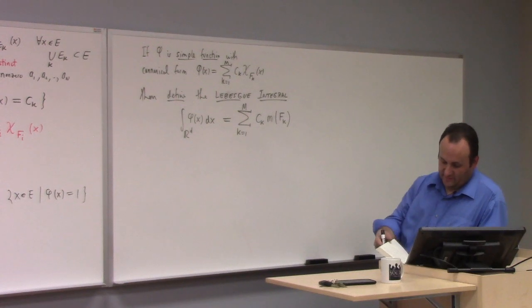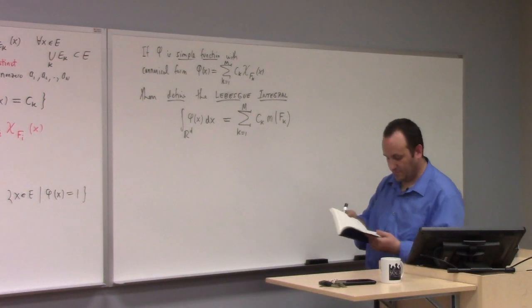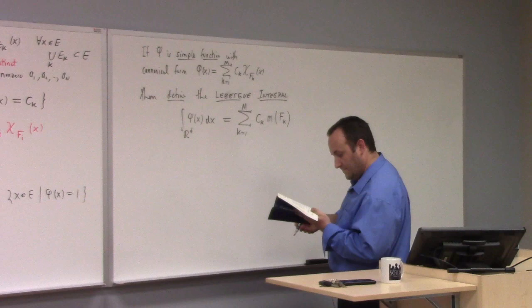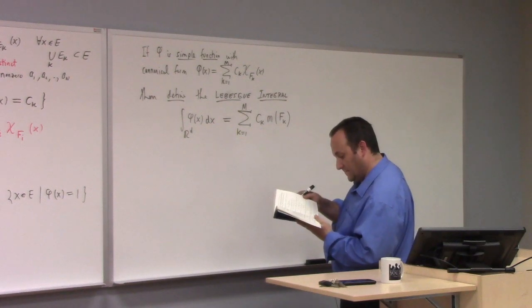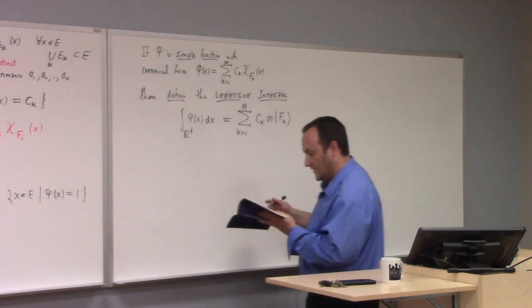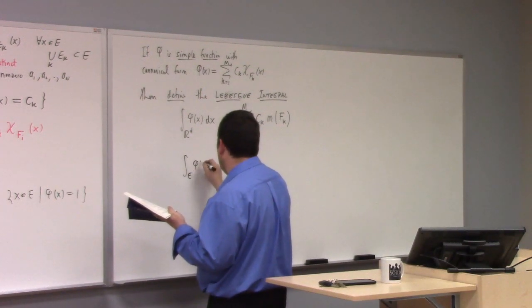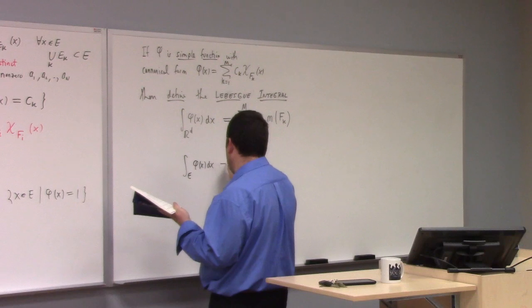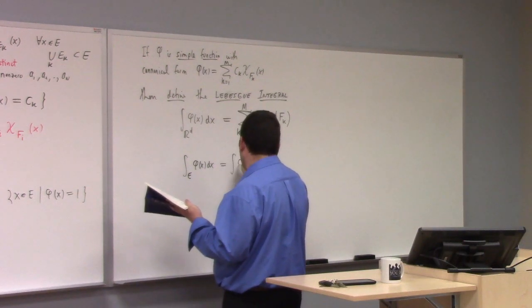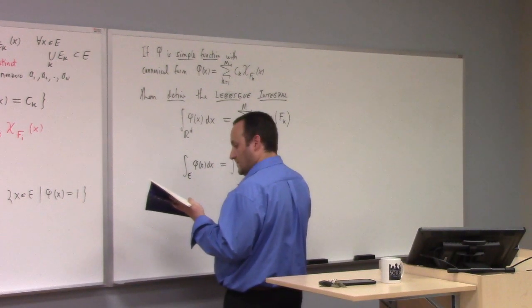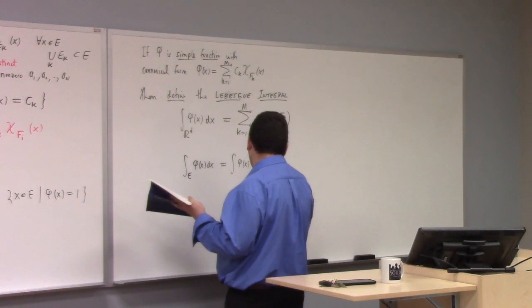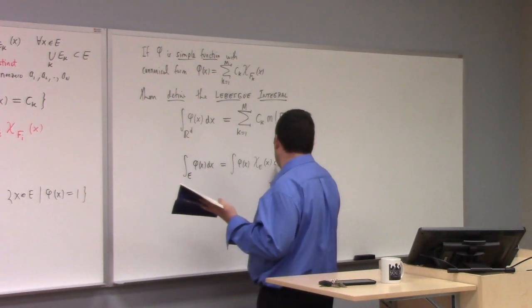And so then he points out the properties of this Lebesgue integral. Although he says that he also defines the integral over E of phi of x dx to be the integral of phi of x chi E of x dx.